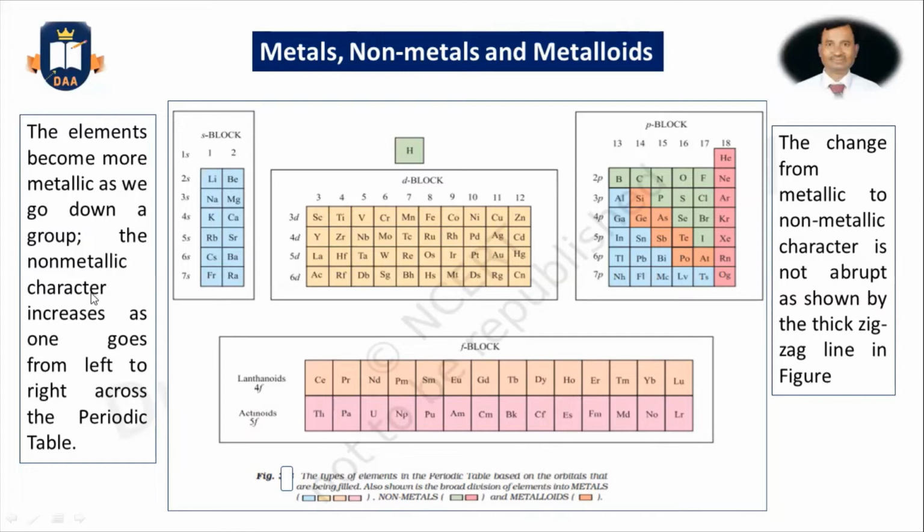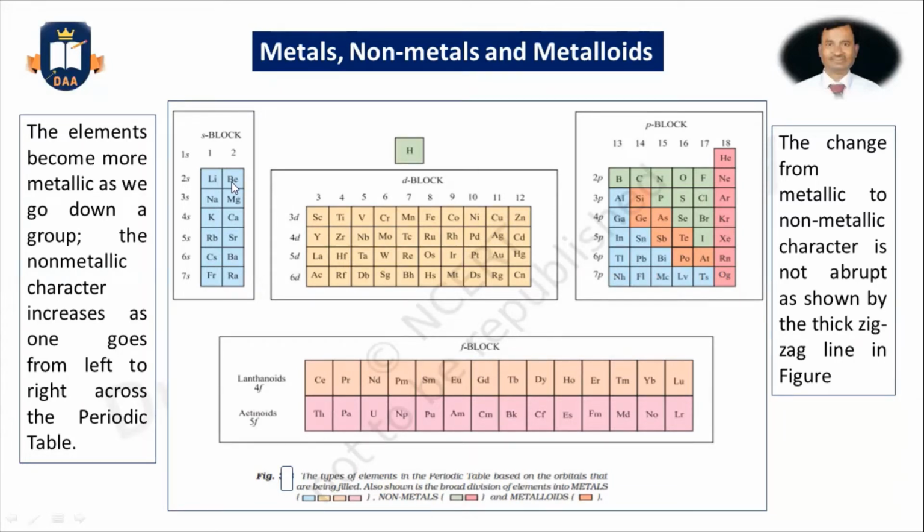The nonmetallic character increases as one goes from left to right across the periodic table. As I already mentioned, in a period, if you go from left to right, the nonmetallic character will increase. Suppose you consider period number 2, from lithium in group 1 to beryllium in group 2, the nonmetallic character will increase.